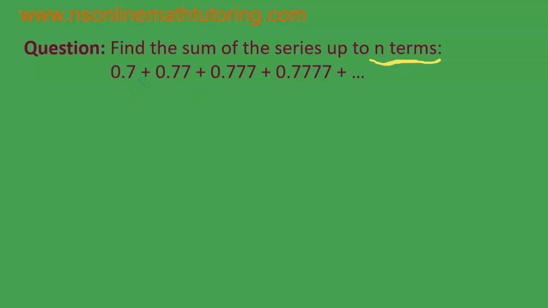The first term is 0.7 plus the second term is 0.77 plus 0.777 plus 0.7777 and so on, up to n terms. And I have shown you this is not a geometric sequence or a geometric series. Then how do we get the summation of the first n terms of the series? I am showing you. So let's start with our answer.